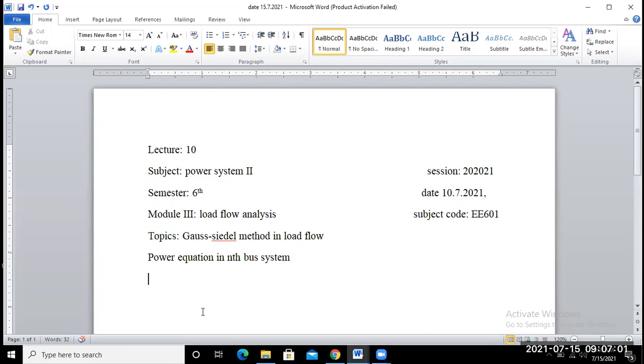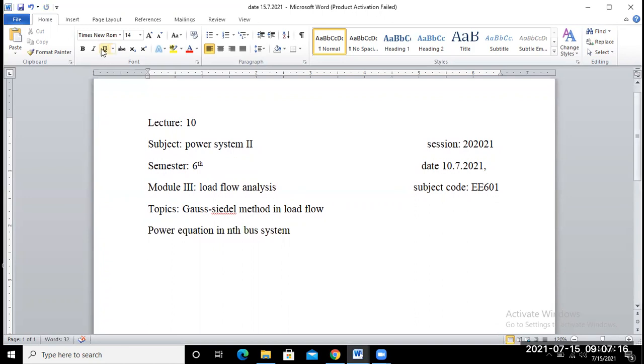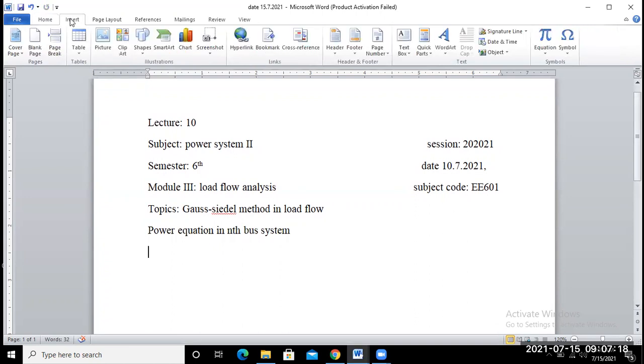For the ith bus we can write the current equation, which is equal to the summation of k equal to 1 to n, Yik Vk.